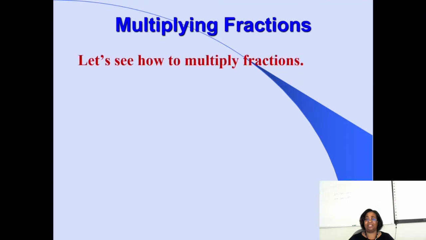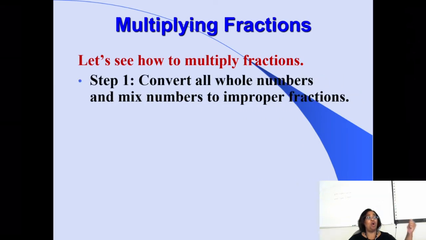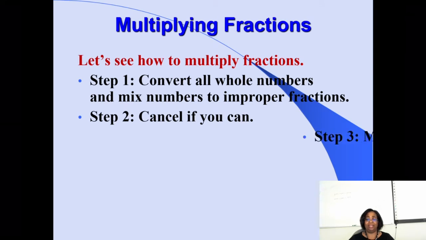So let's actually look at how we're supposed to multiply fractions. When you multiply fractions, the first thing you need to do is any whole number or mixed number needs to become improper. Step 2, cancel if you can. Try to make the multiplication as low as you can. Step 3, multiply the numerators.